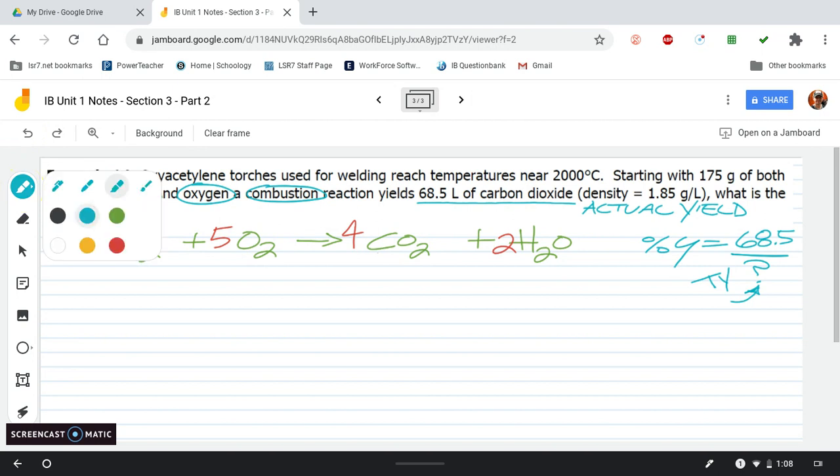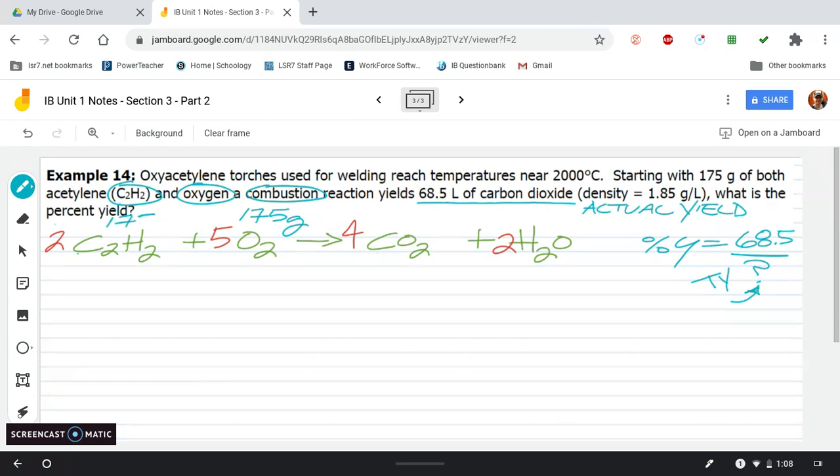And we've got 175 grams of the acetylene and the oxygen. So they have the same exact amount of each one. So let's just go ahead and write that down on top. I think this is very important to do. And then they said that we created 68.5 liters of this CO2.